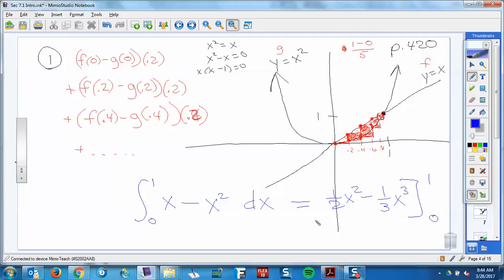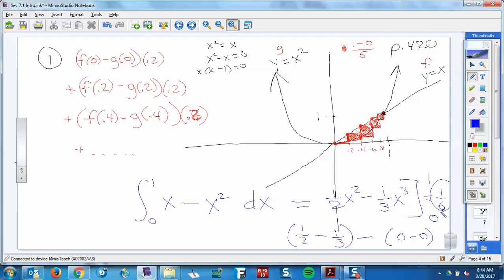And then we would put in a 1, and so that would give us 1/2. Minus, put in a 1 there, is 1/3. And then minus, put in our 0, which would be 0. And we end up with 1/2 minus 1/3, which is 3/6 minus 2/6, which is 1/6. So that area would be 1/6.